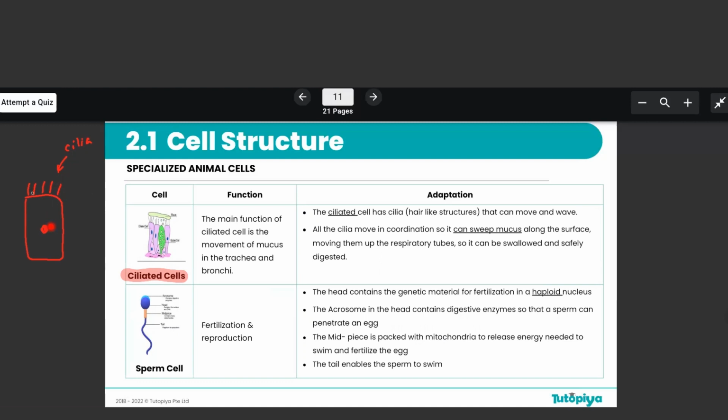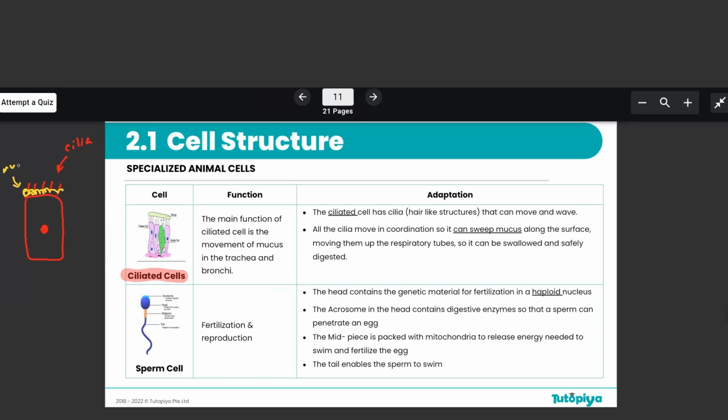Now, cilia, like I mentioned, are hair-like structures, and they're always on the move. Cilia are always beating in a wave-like pattern, and they're all moving in coordination. So why are these cilia moving, and why do these cells even have cilia? The reason is because if you consider our respiratory tract, it is covered in mucus, right?